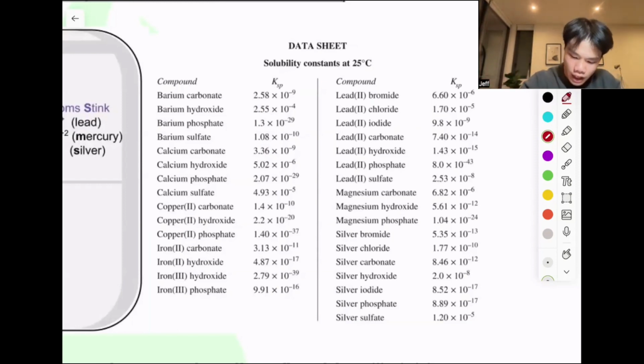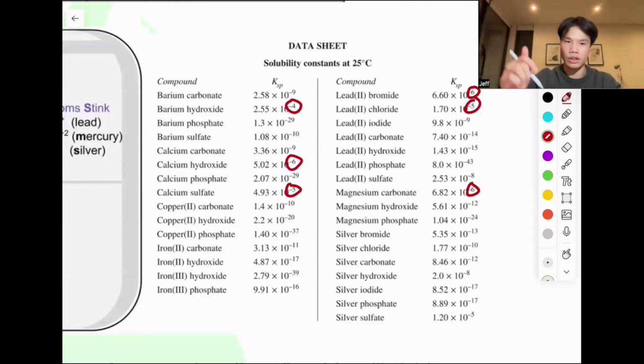But the numbers that are a bit closer to 1, so -4, -6, -5, these ones are more likely to be slightly soluble. So you got to be wary of those ones, which are a bit on the power lower side, but magnitude larger side. This is mod 5. So you're not expected to know these yet, but I'm just showing you that worst case scenario, you have somewhere to go to check where things are insoluble.